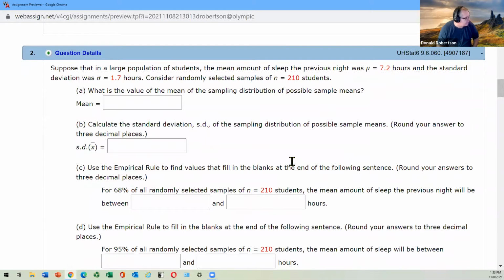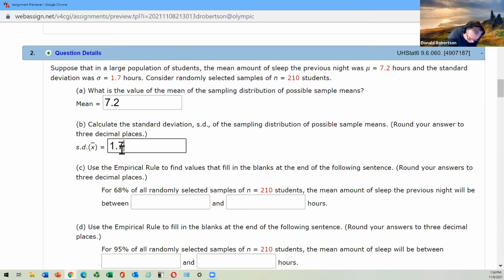Now, these ones are mostly getting you to calculate confidence intervals. So let's see what we've got. Oh, do you notice that they've given us the population numbers and a nice big sample? Would you agree everything's cool? Now, what would the mean be? It's the same as the population, so 7.2. What would the standard error be?